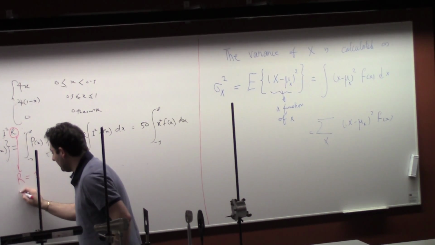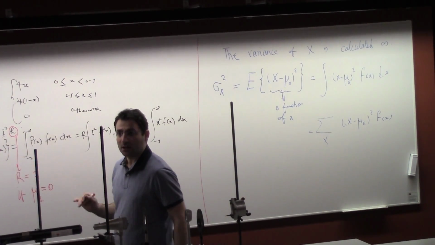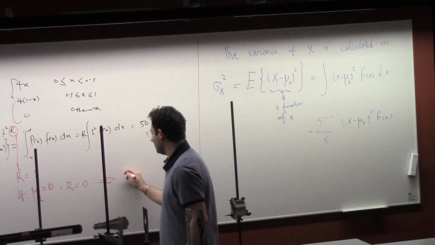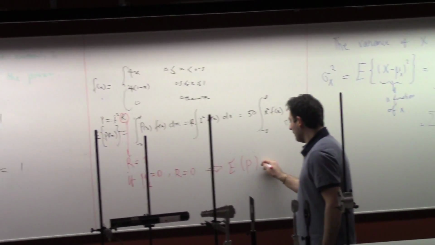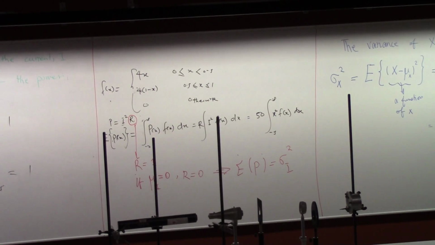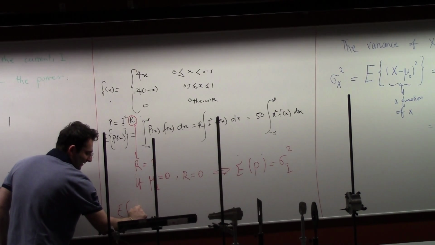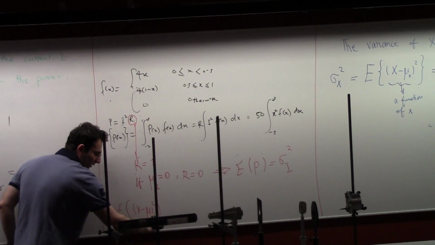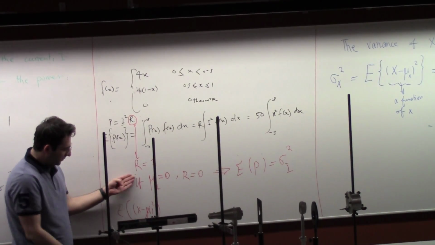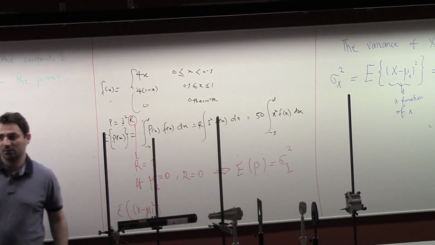If mu of I is equal to 0, which we know that it is not, and if r is also 0, then the expected value would actually be the variance of I in this specific example. Why? Because the expected value is defined as the expected value of x minus mu squared. And mu is 0, r was also already 0, so I have the x squared, which was what we were calculating.